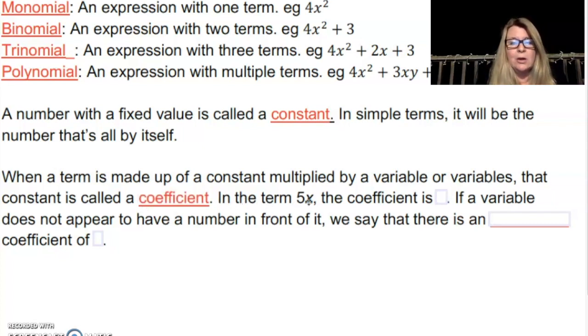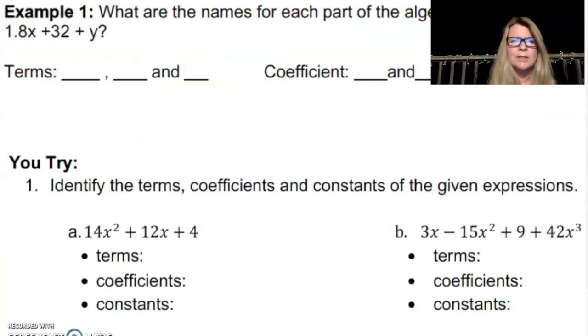So if we look here, this term 5x, the coefficient, the one that's being multiplied times the x, is 5. If a variable does not have a number in front of it, we would say that it has an understood coefficient of 1. So we've talked about that. Now we're just making it a little bit more formal in our discussion.